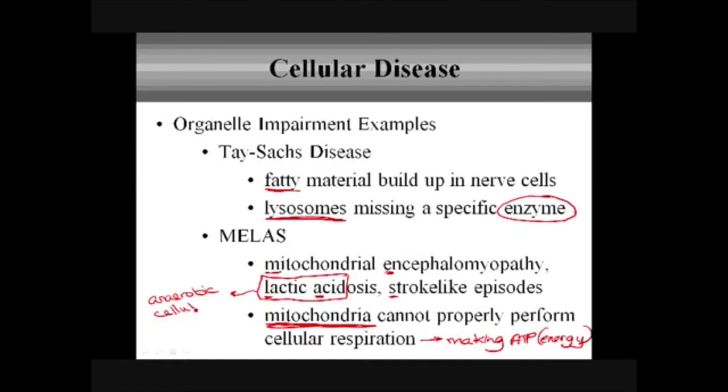We'll talk a bit more about this in the next chapter, but from biology, we talked about aerobic and anaerobic cellular respiration. Lactic acid is a waste product of anaerobic cellular respiration, and when the mitochondria isn't functioning properly, it's not able to properly dispose of the lactic acid that builds up, and therefore it is stuck. In addition, encephalomyopathy is basically implying that there's going to be brain functioning impairment.